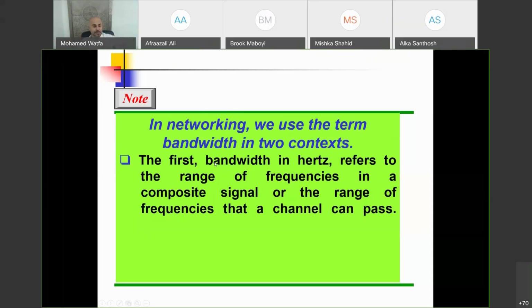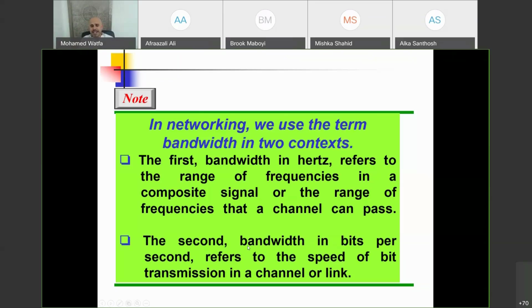One more time, analog bandwidth is the window I'm allowed to use in terms of hertz. Hertz is a unit of frequency, meaning what frequencies can you use? That's how I define it in analog. In digital, as you would expect, it's basically bits per second: how fast can I send?